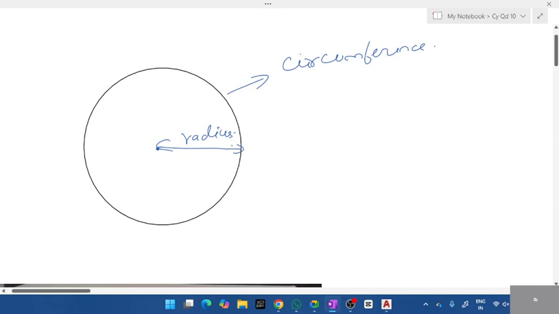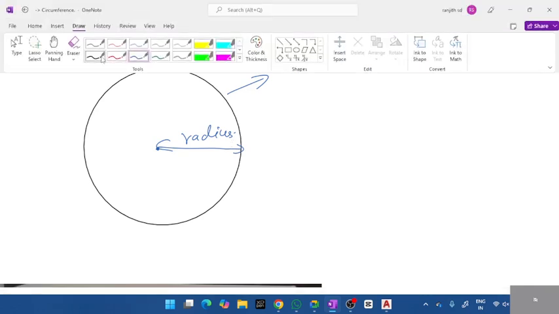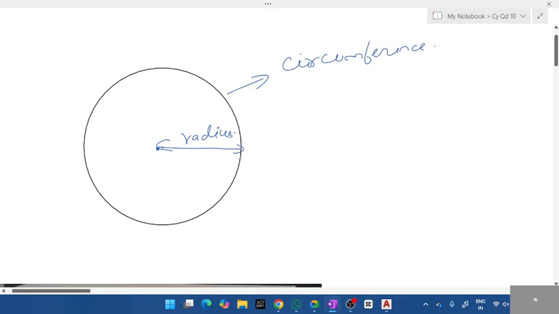Radius. We'll have n number of radii, students. When two radii are put together, what do you call it? Diameter.